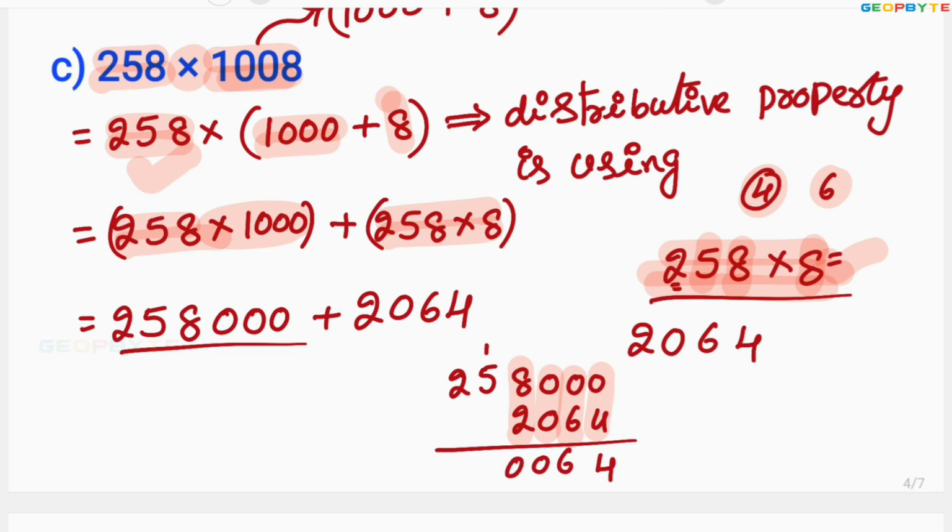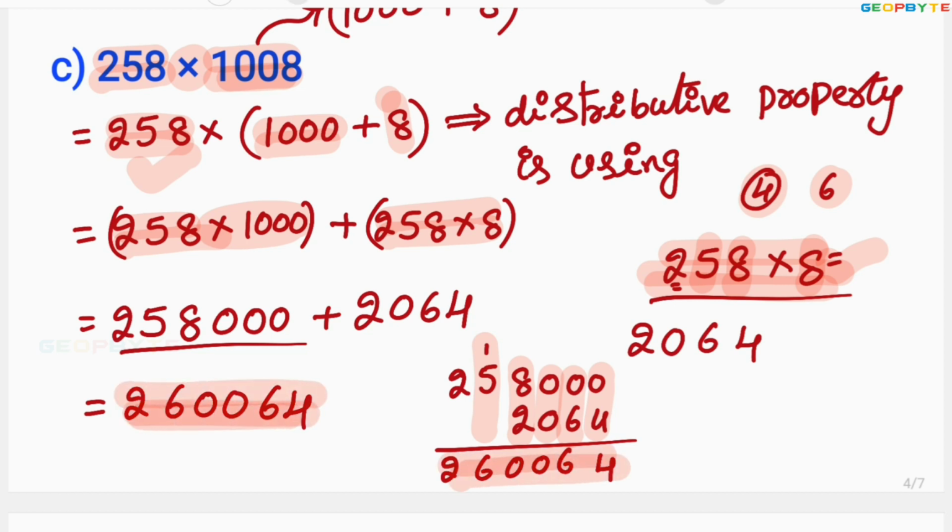Write 0, 1 carry. 5 plus 1, 6. Finally 2. So it is equal to 260064. I hope all of you clearly understood.